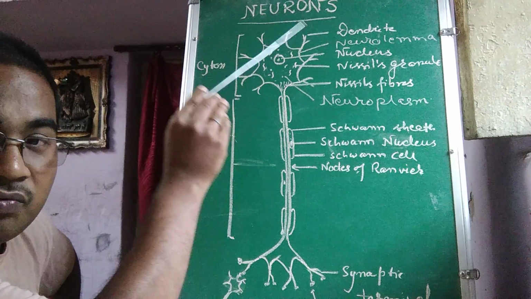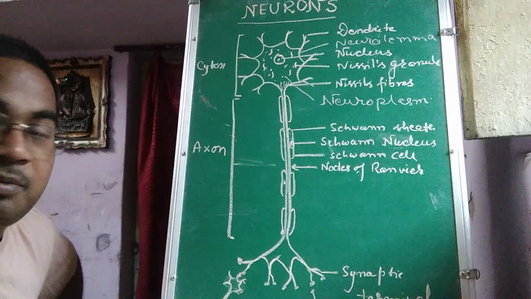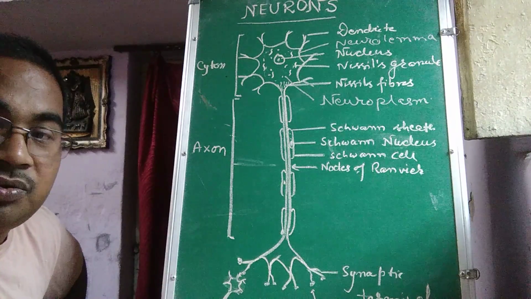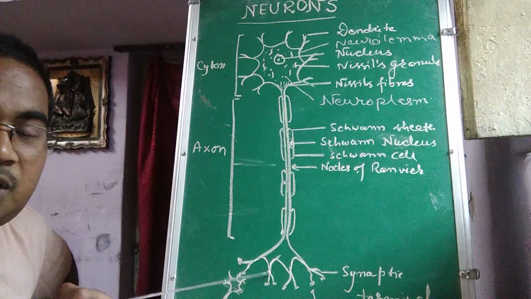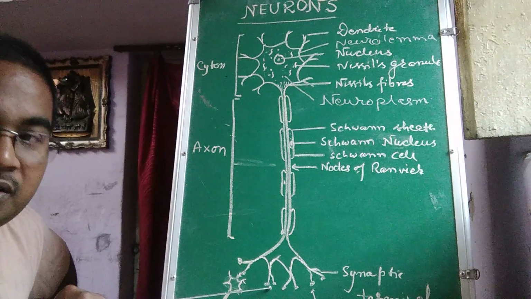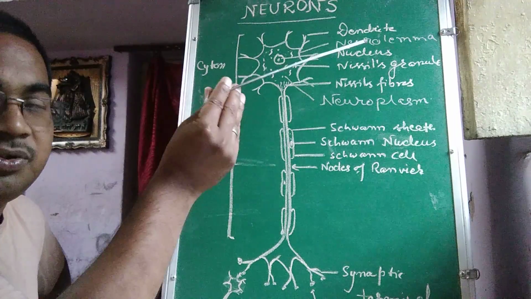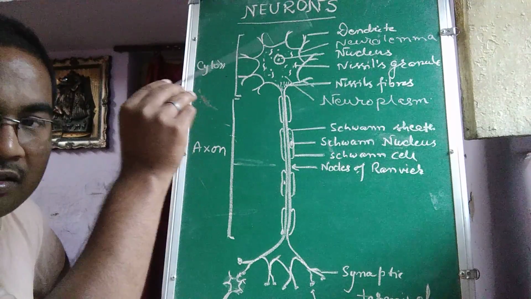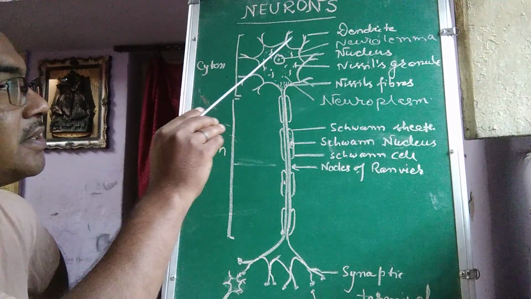The dendrite of one neuron is connected to the synaptic terminal of the next neuron. These all dot-like structures are called synaptic knobs or synaptic terminals. So the synaptic knob of one neuron is connected with the dendrite of the next neuron. In this way, they can transport the messages or transport the impulses.